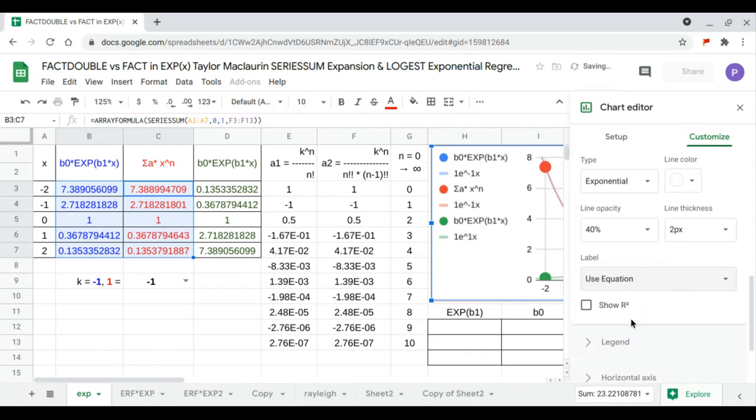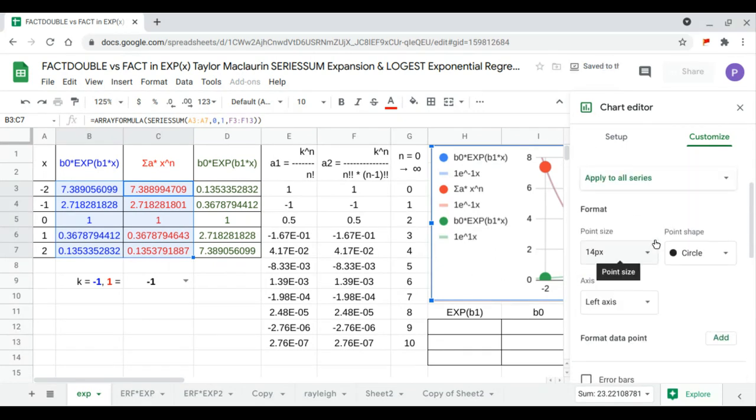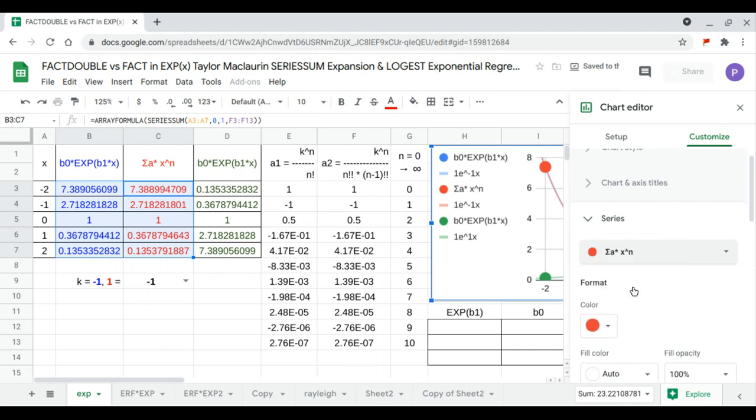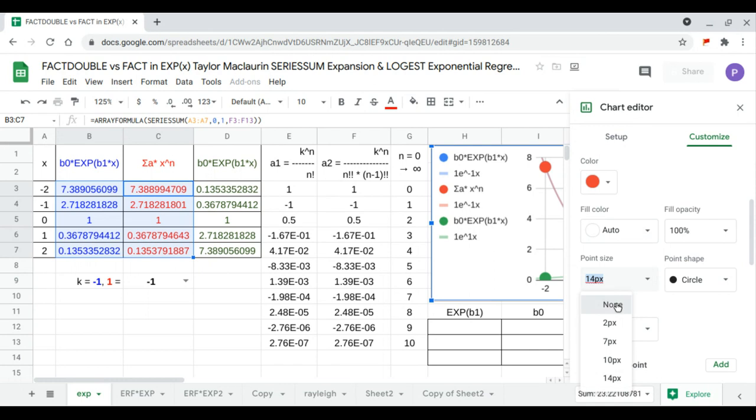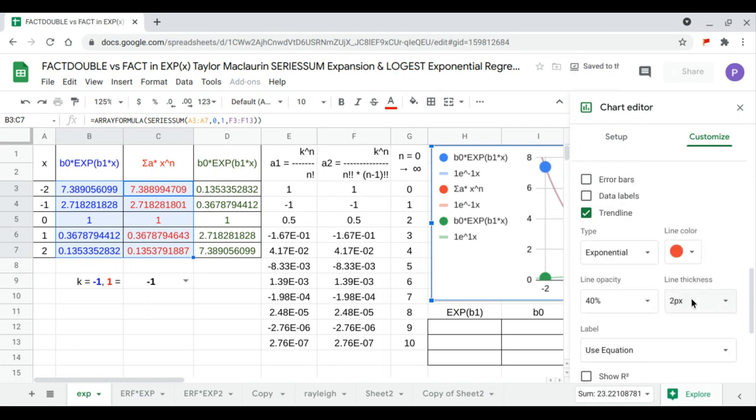The label, use the equation. In case of the expansion, the point size will be none, but the line will be maximum. So it's a trend line.